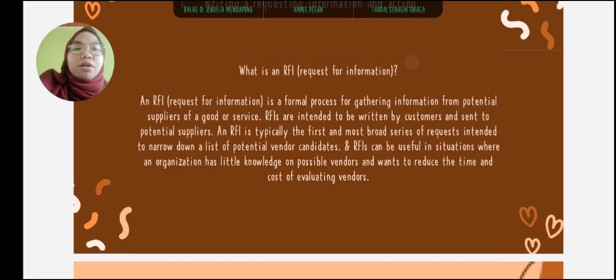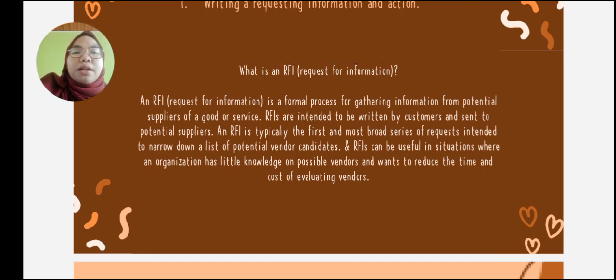A request for information is typically the first and most broad series of requests intended to narrow down a list of potential vendor candidates.